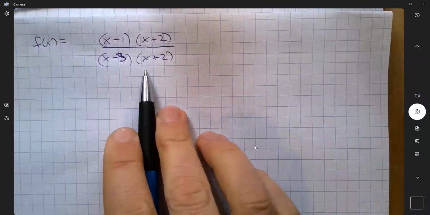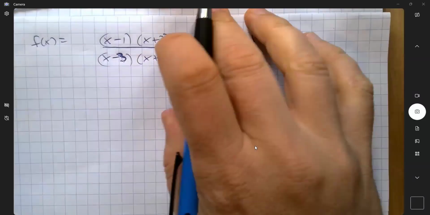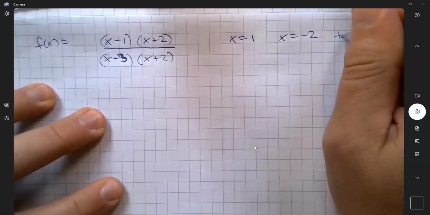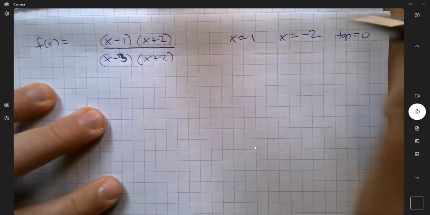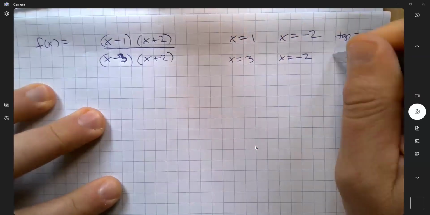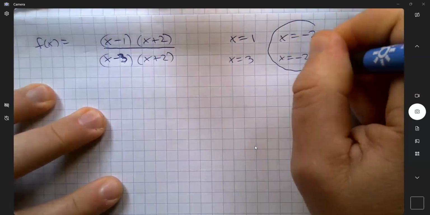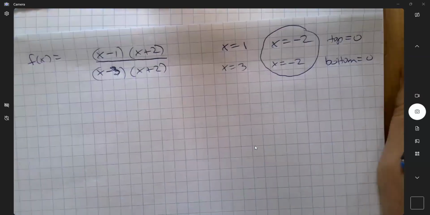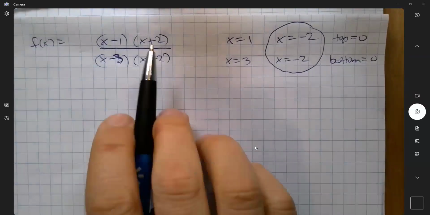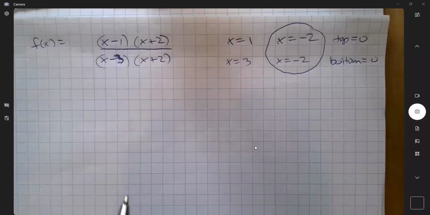Well, the first thing I would like you to notice is that when x equals 1 and when x equals -2, the top equals 0. And for the bottom, when x equals 3 and x equals -2, the bottom is 0. There's an x value that makes the top and the bottom both equal to 0. And importantly, the powers are the same. The multiplicities of those are both the same.